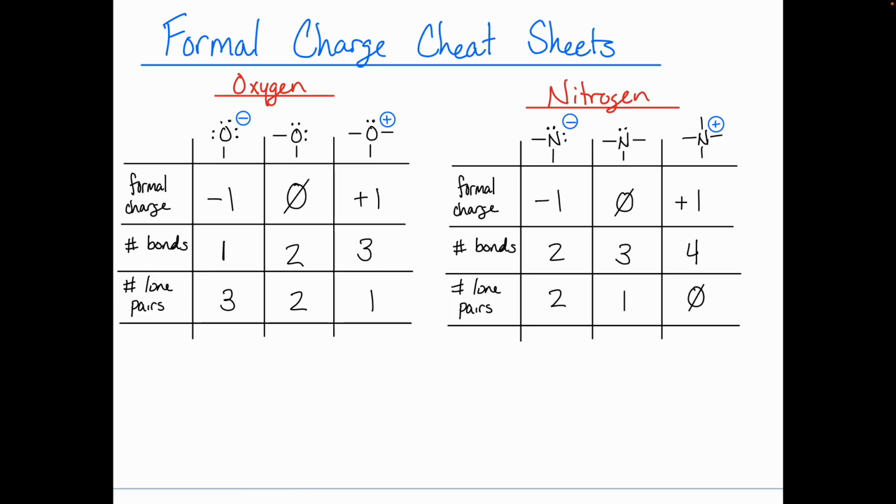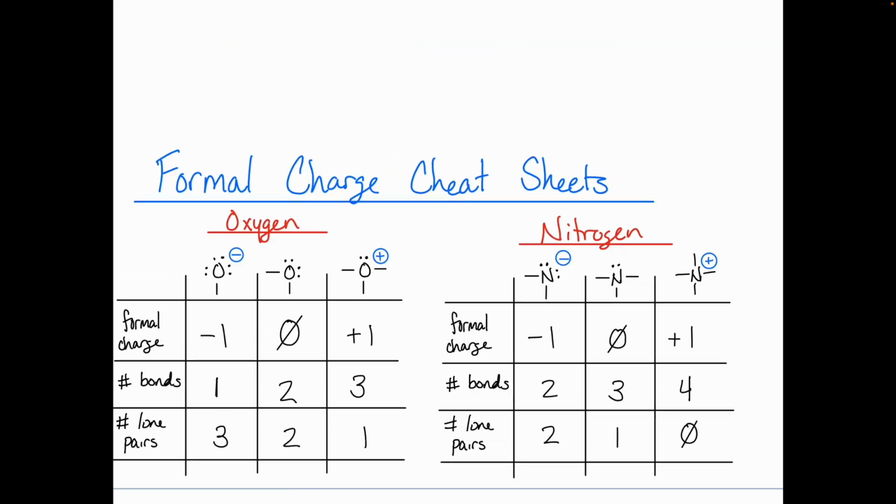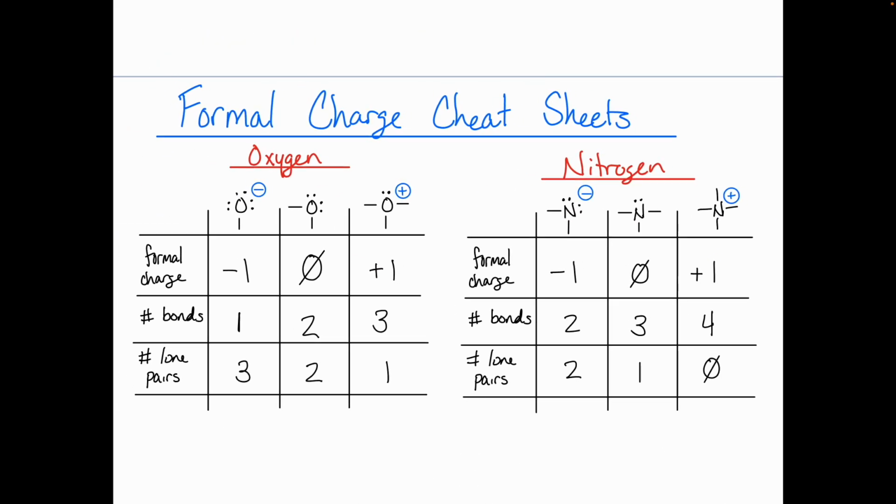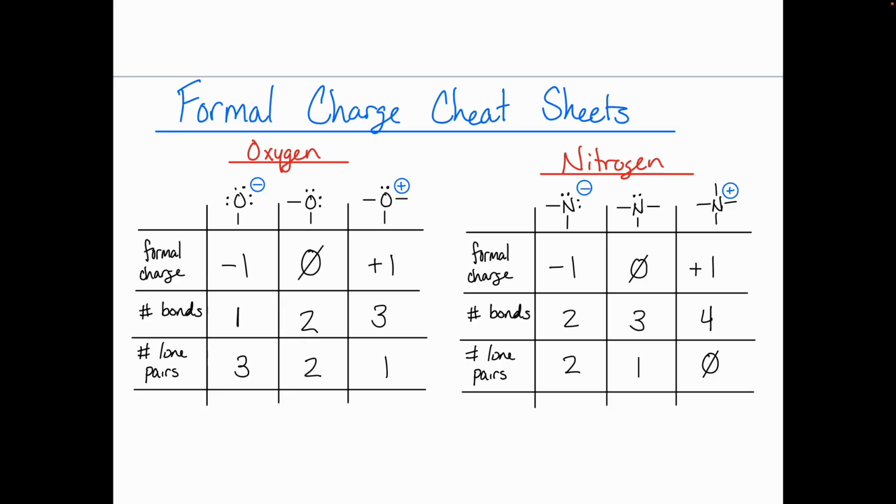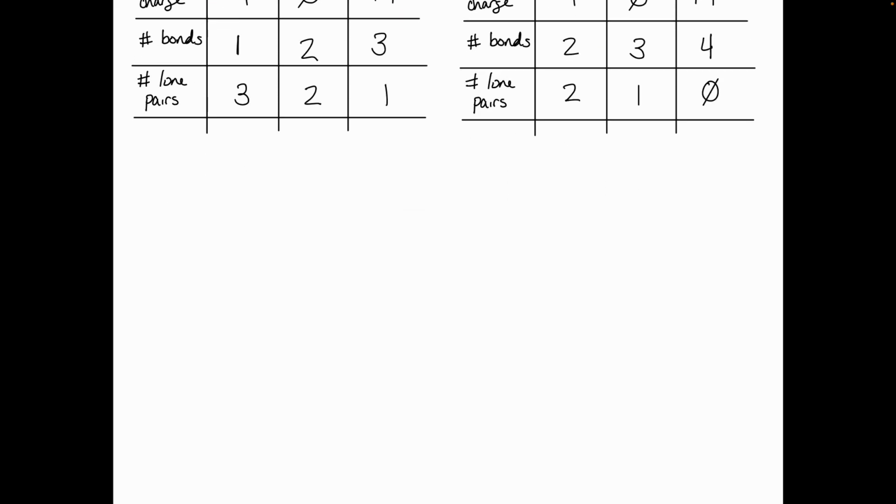Let's do our halogens now. Okay, so I'm going to copy my same chart here, but now fill it in for one of these halogens. We'll use fluorine as our example halogen.